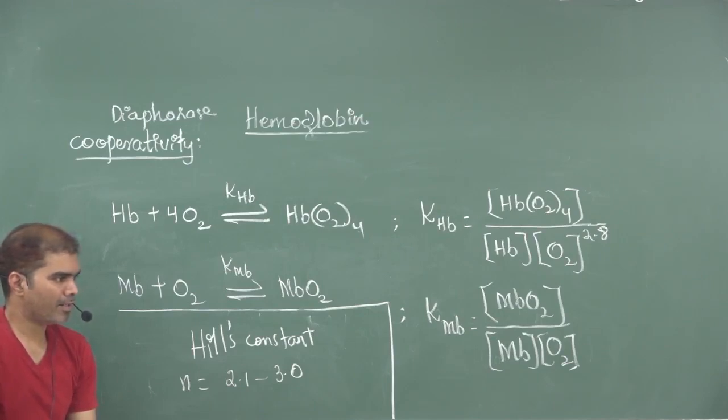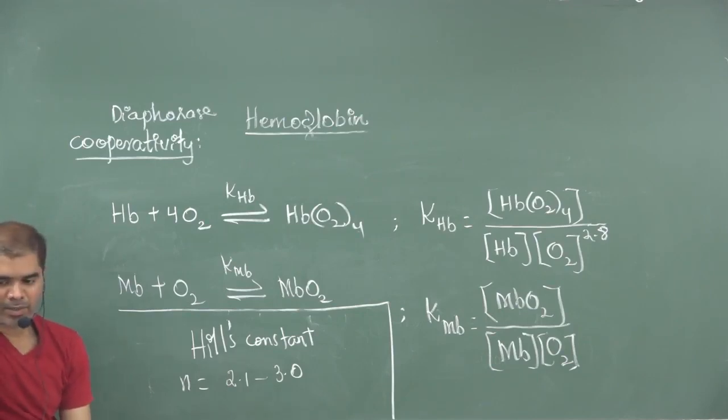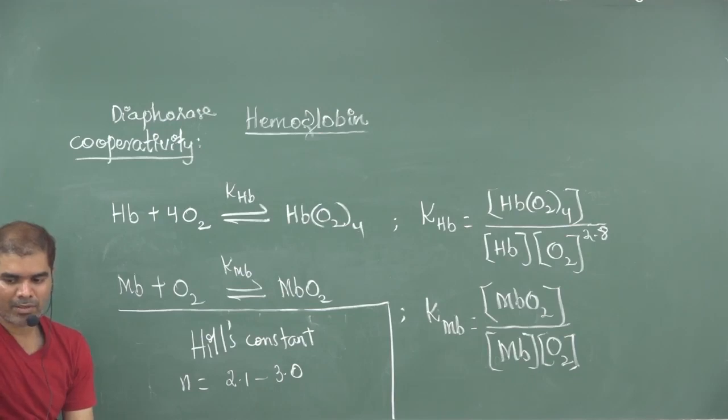In brackets, Mb, myoglobin, has only one binding site, which is totally occupied.